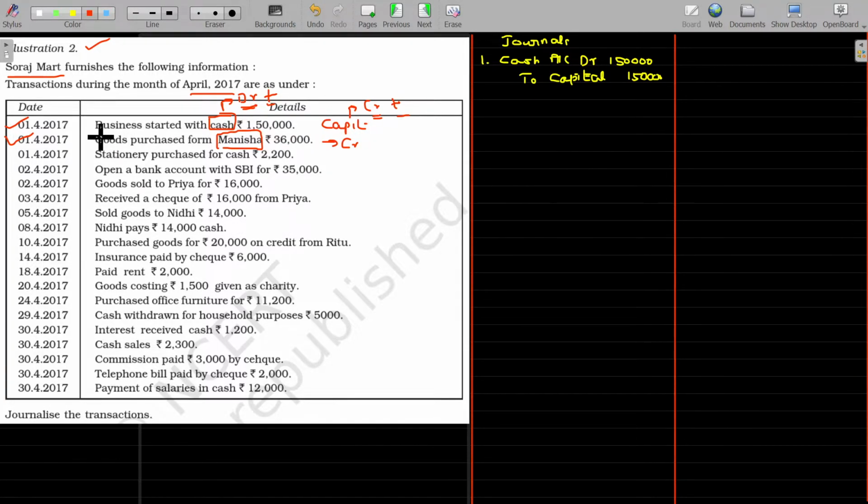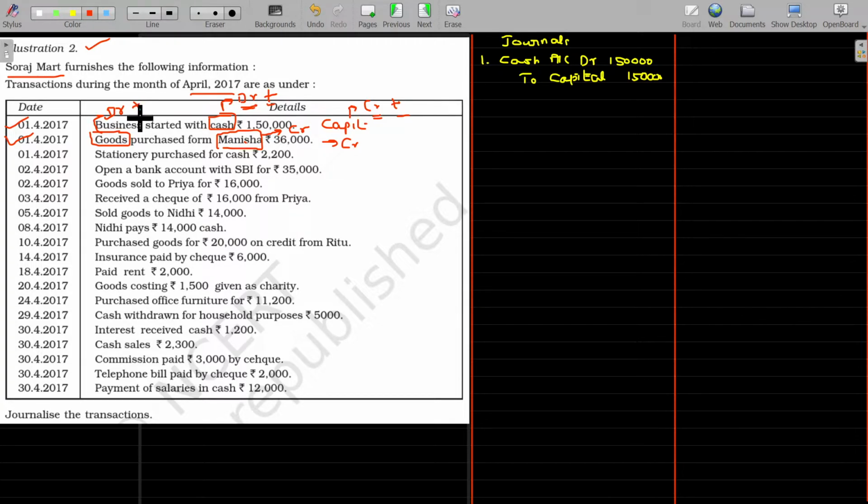Goods is one account, another one is Manisha, the party's name. Goods being an asset, so debit balance. Manisha, from whom we have purchased without paying the value, automatically becomes a liability. Liability means credit balance.